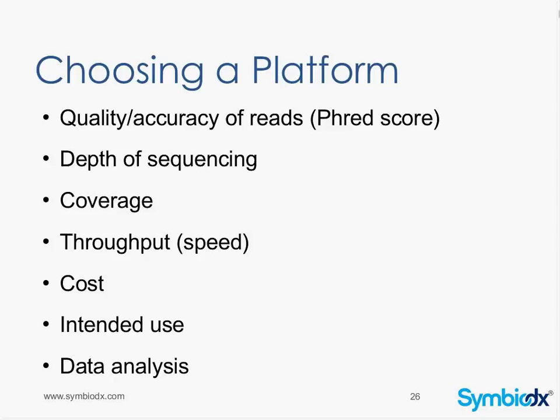So these are all things that you need to balance off depending on your intended use and how much you want to spend per assay. You also need to take into consideration data analysis. This is a huge component, and the various stages of data analysis are handled by different software programs, and the instrument companies all offer their own programs in addition to programs that you can get externally.